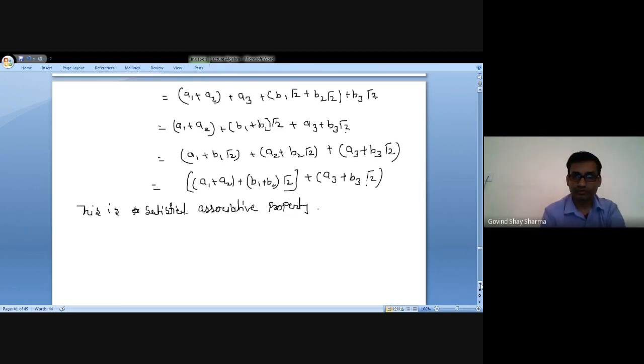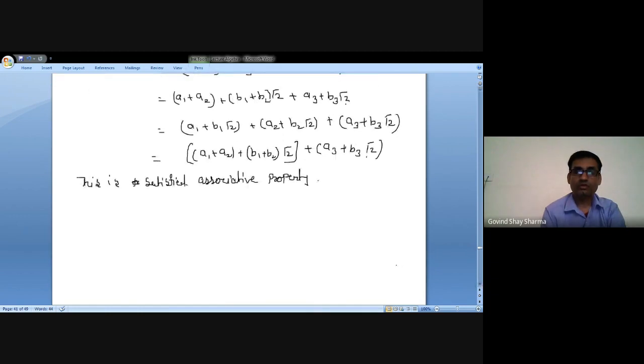Okay. Now we do the identity element. Third is the identity element.